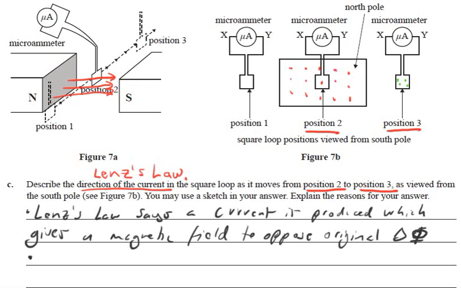How does it make field lines out of the page? We're going to use the right-hand solenoid rule to do this, in which our thumb points in the direction of the field lines and our fingers are the current.